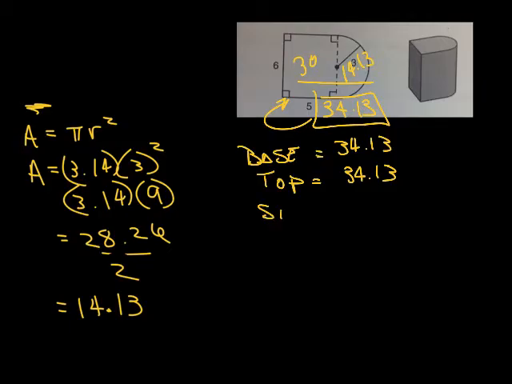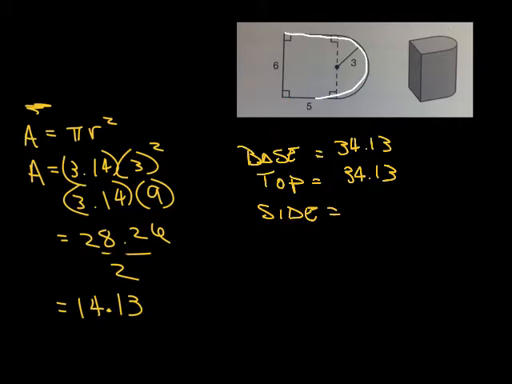Now we're trying to find the side. And again, what we're going to do is take this thing and unravel it so we can see exactly how long it is from here all the way around to here. Well, I know how long it is from here to here. It's 5, and from here to here it's 5, and from here to here it's 6.